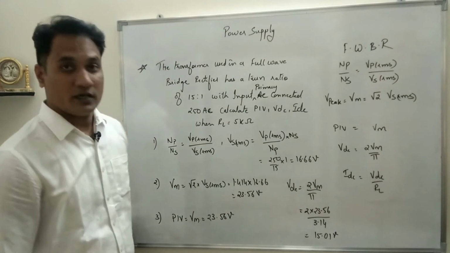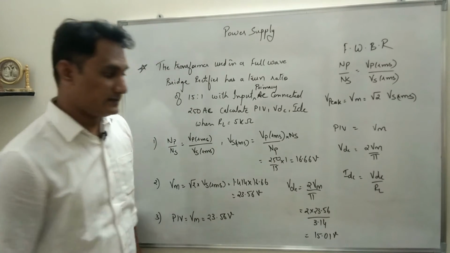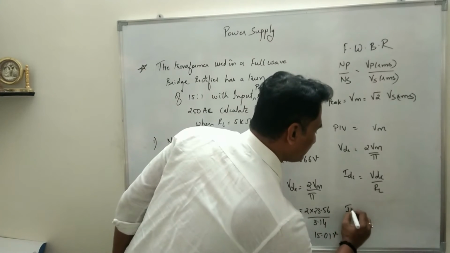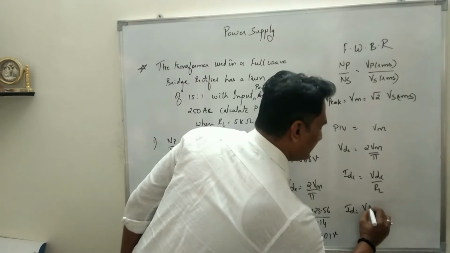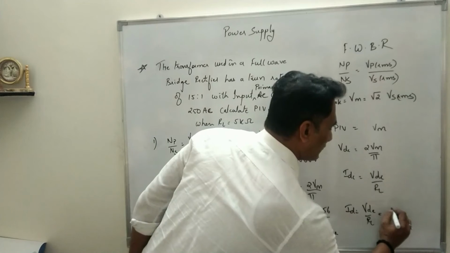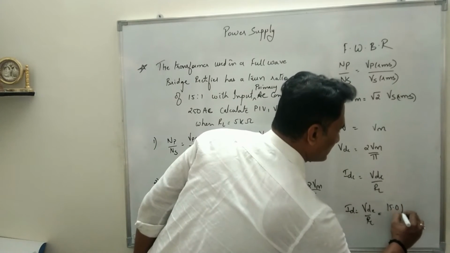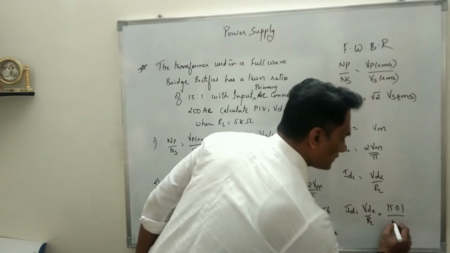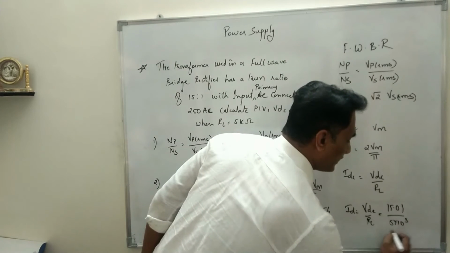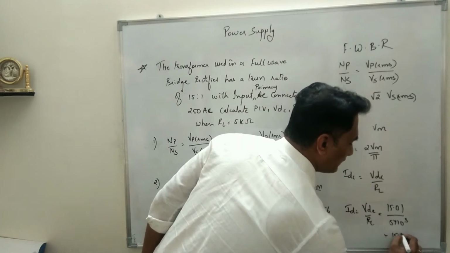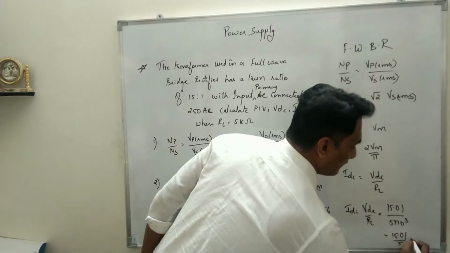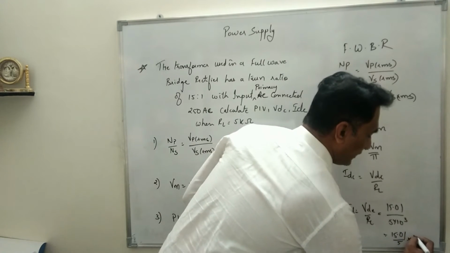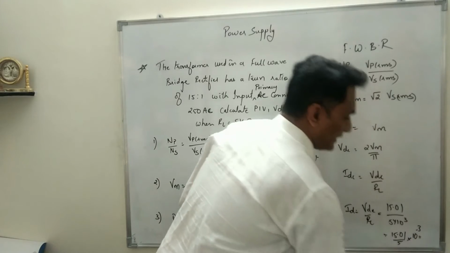And in the last step, you need to calculate IDC. And what is IDC? It is VDC upon RL. What is VDC? 15.01 divided by, what is the value of RL? RL is 5 kilo ohms. So 5 into 10 to the power 3. So this will be approximately 15.01 divided by 5. This 10 to the power 3 will go up. It will be 10 to the power minus 3.